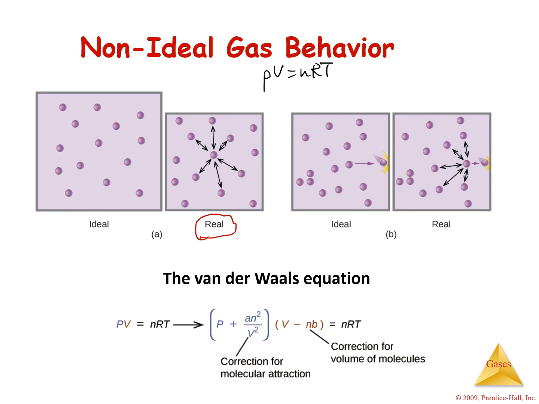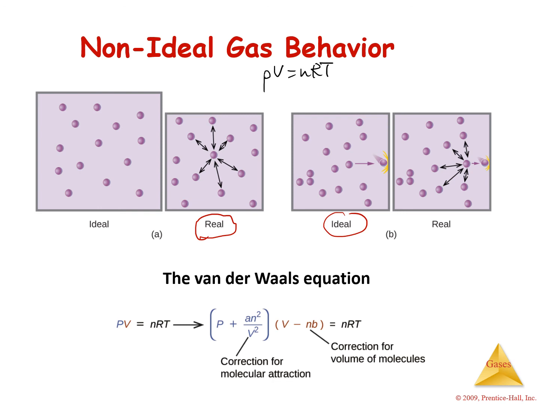Also, when it comes to the pressure, when a molecule of the ideal gas impacts the wall, it of course generates the pressure, which we measure as a force on a specific area.